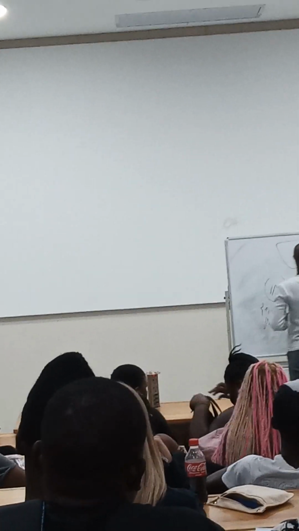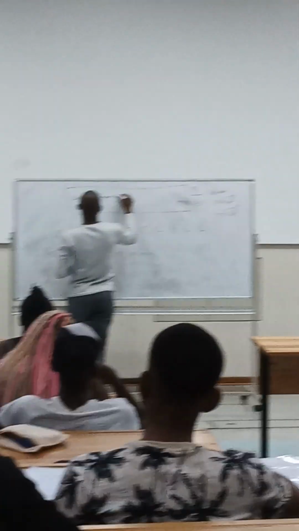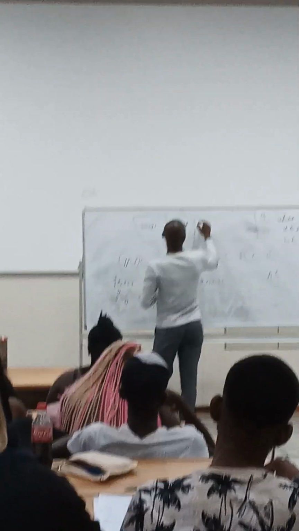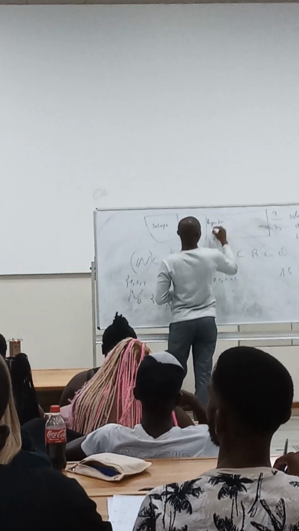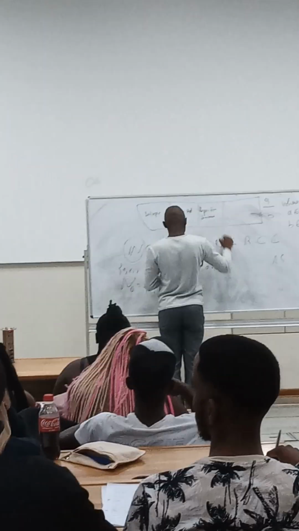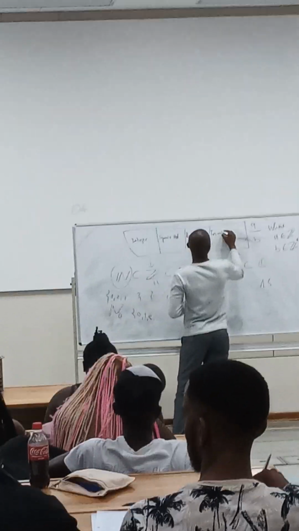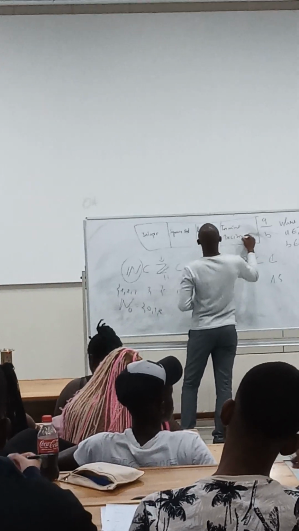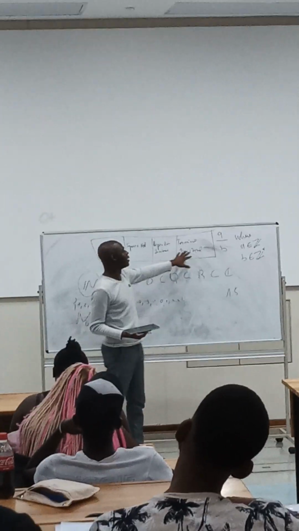So these rational numbers are either integers, or square roots, or repeating decimals, or terminal decimals. Okay?